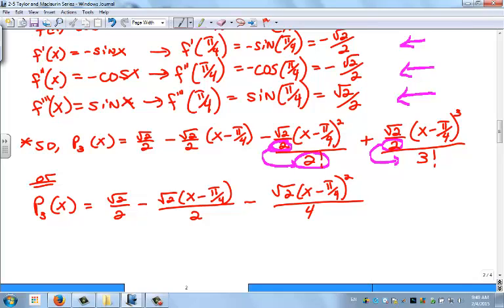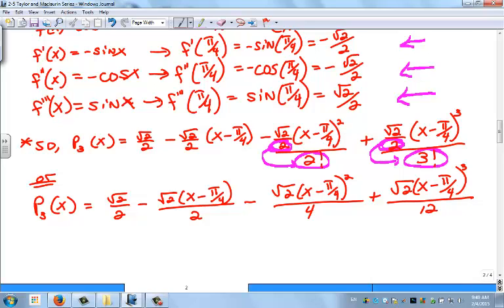And then finally plus radical 2 times x minus pi over 4 to the third all over 2 times, right, this 2 times this 3 factorial. Remember 3 factorial is 3 times 2 times 1. So you have 2 times 3 times 2 times 1, which is a grand total of 12. So that's that Taylor polynomial.